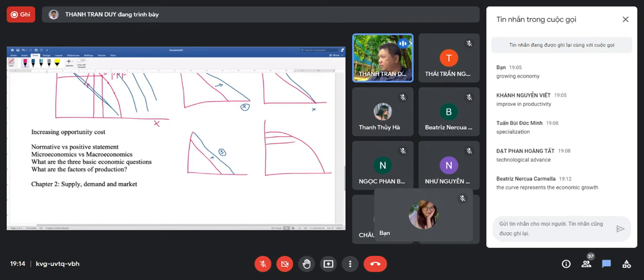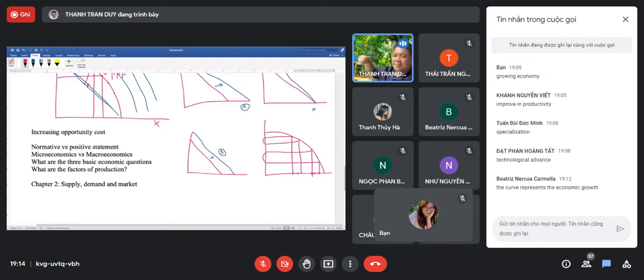At this point, if I want to increase the same amount of x, I need this amount of y. But if I want to change the same amount of x here, I need more, this one bigger than this one.